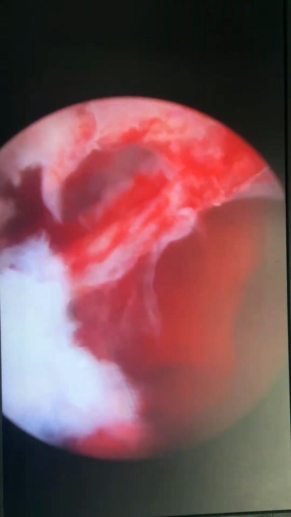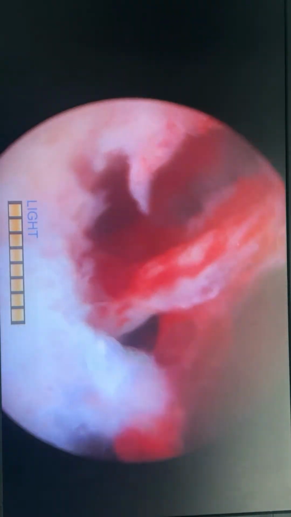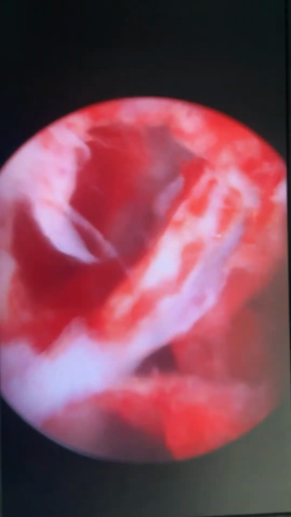Increase the light. Yes. Can we have a little suction, please, so that these clots can move out?